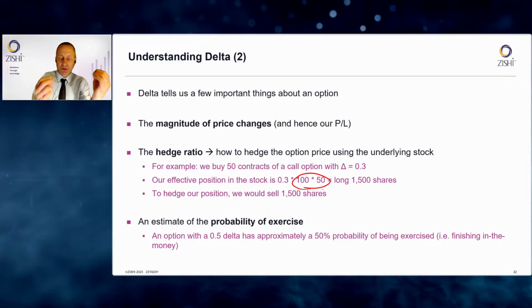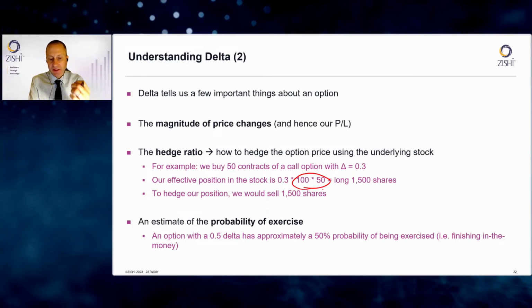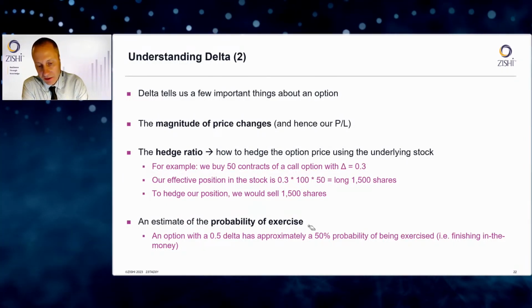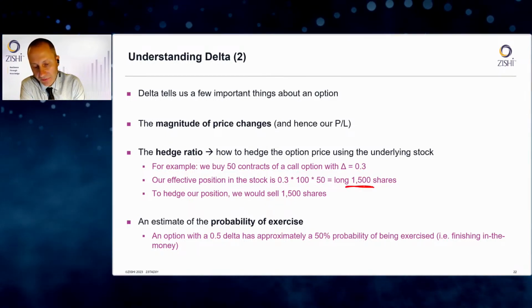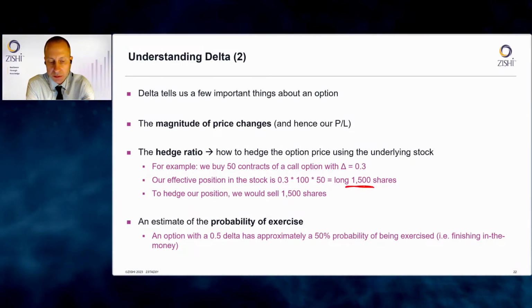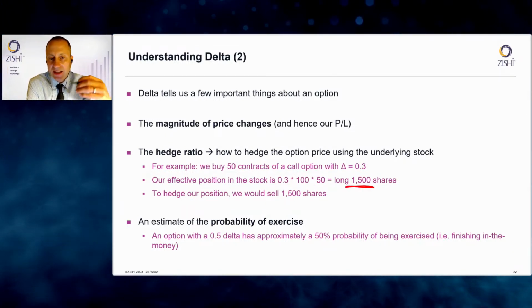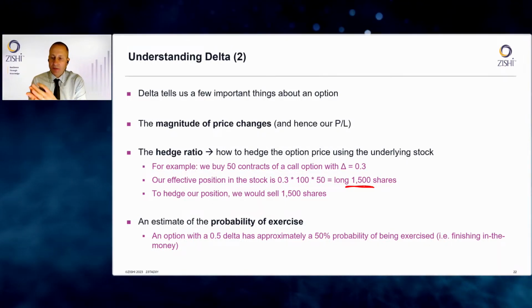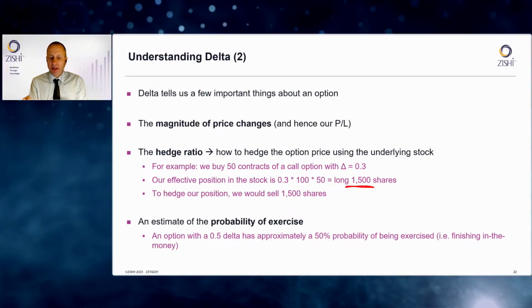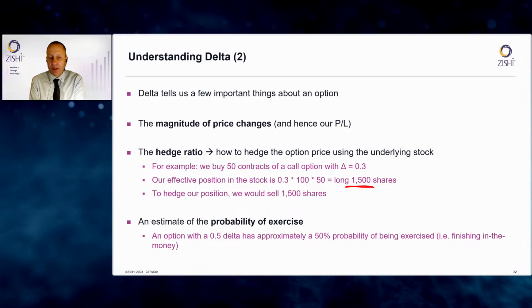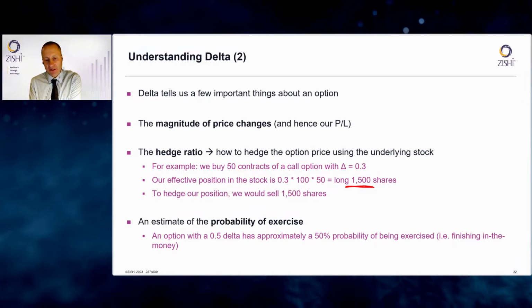The 0.3 scaling tells me that actually I'm long 1,500 shares here. So what it says is if I buy this call option in 50 contracts, it's giving me a movement in terms of its price or a change in my P&L equivalent to me being long 1,500 shares.